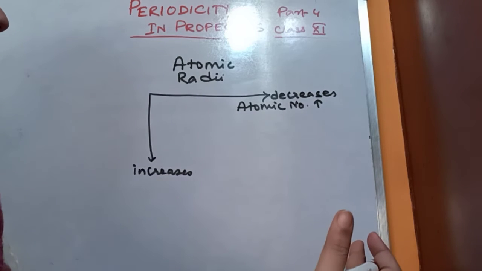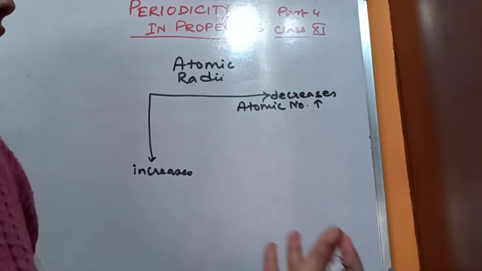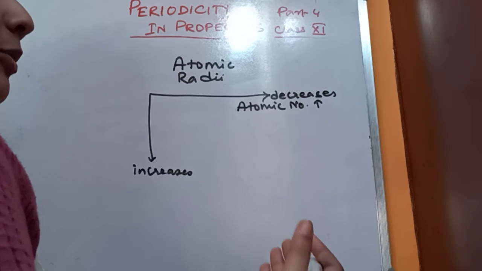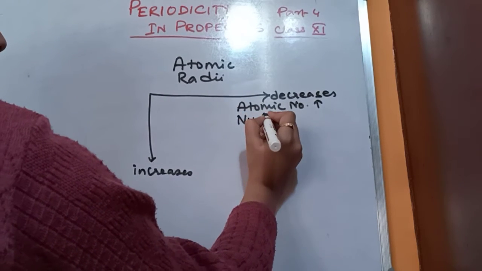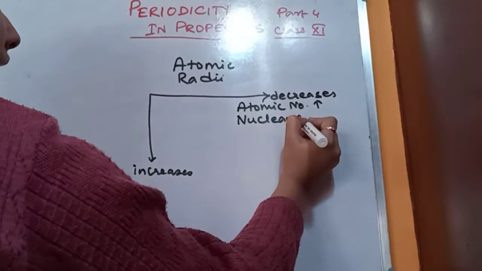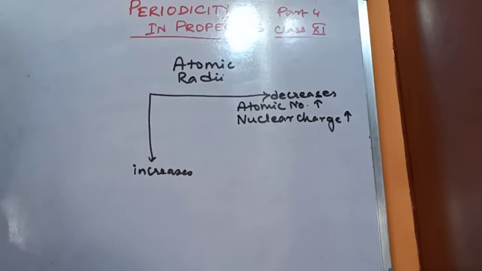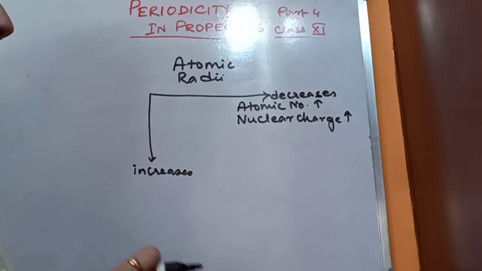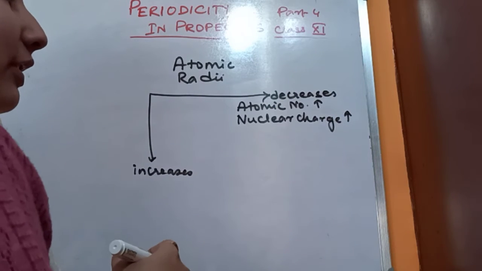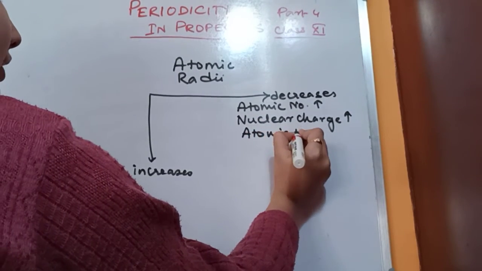With the increase in the atomic number, the number of protons present in the nucleus increases. As the number of protons increases, the nuclear charge increases. Since the nuclear charge is increased, the outer electrons are more attracted towards the nucleus, so the atomic radii decreases.